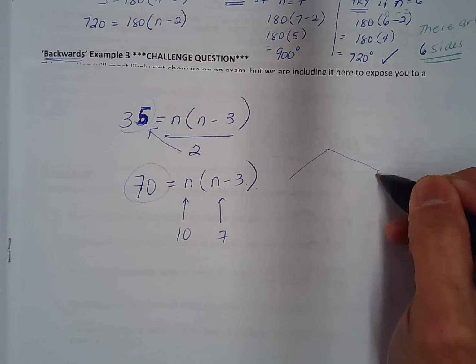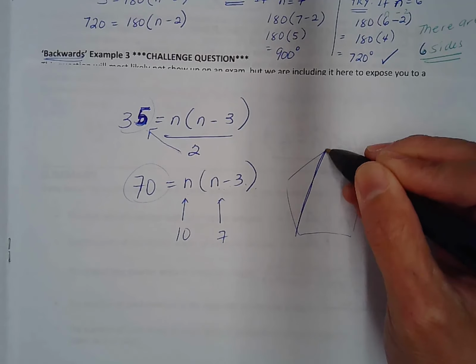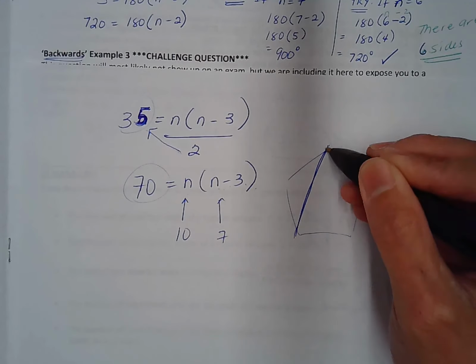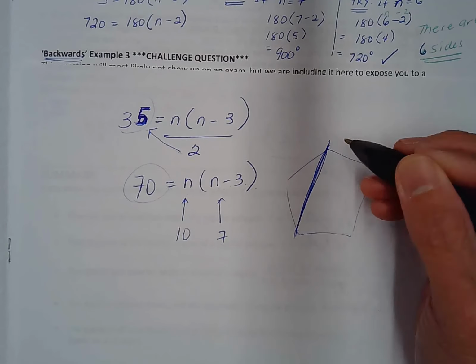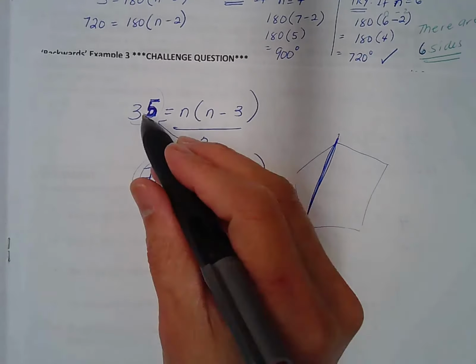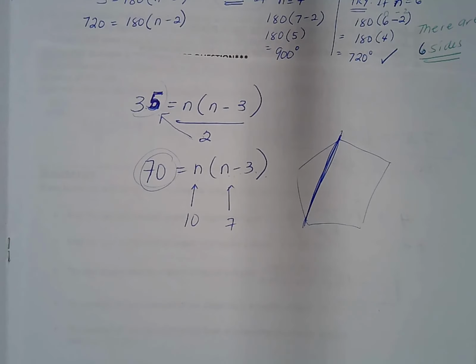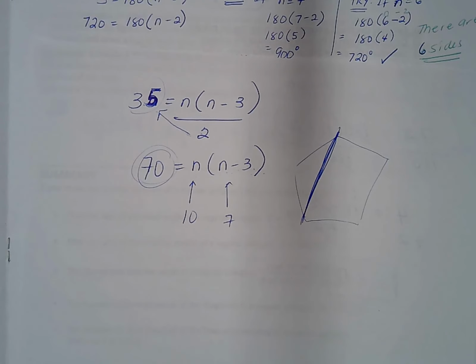From one vertex to the other counts as 1 and then 2, so you're counting each diagonal twice. That's why it makes it 70. So after cross multiplying, you look for what numbers multiply together to give 70. It would be n times (n minus 3).